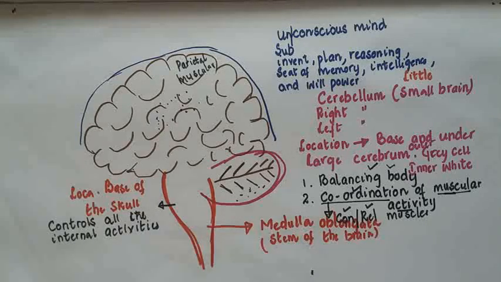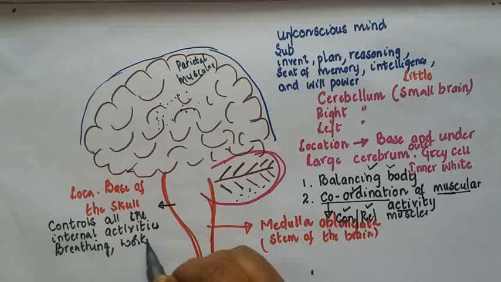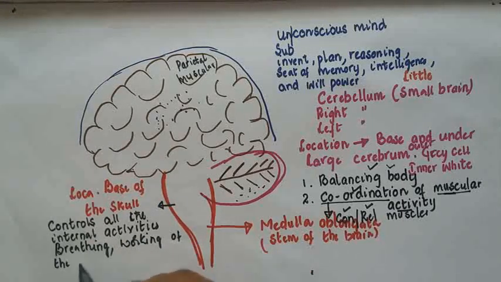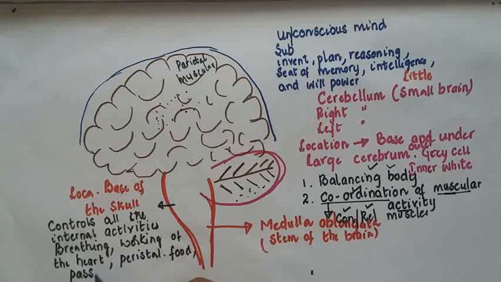So all those functions of internal organs such as breathing, working of the heart, that is the production of heartbeat, followed by the movement of food in the alimentary canal, what we call peristalsis of food, along with the passage of urine in our urinary system.